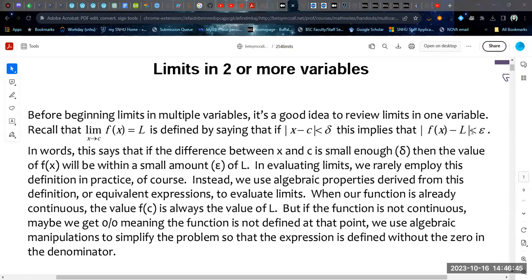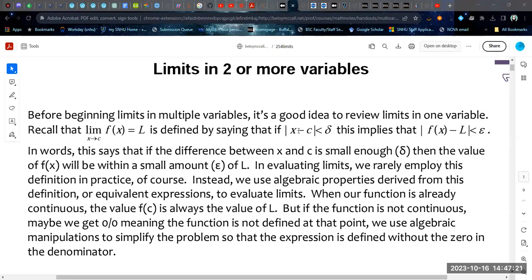Now, in multiple variables, we're going to be dealing with two-dimensional or three-dimensional versions of this. So we're going to be dealing with distance functions rather than absolute values. So the formula is going to be a little bit more complicated, but the idea is still basically the same. As our point in space gets closer to the point we're approaching, the distance from the function to the limit is also going to get small.